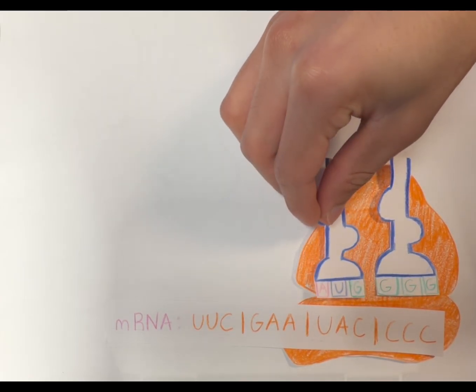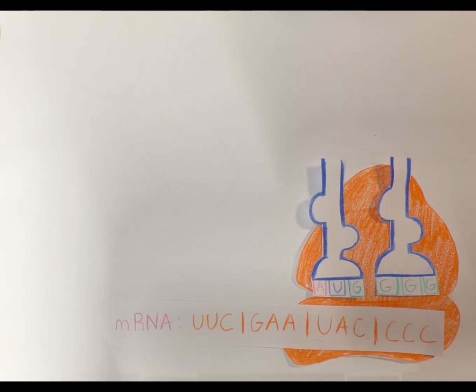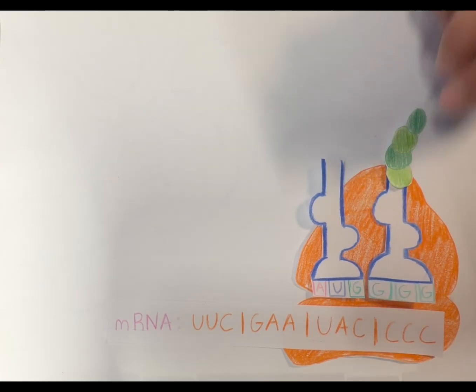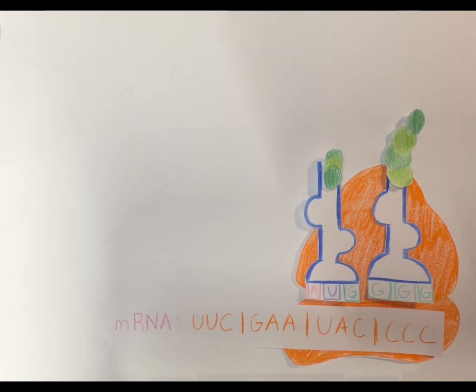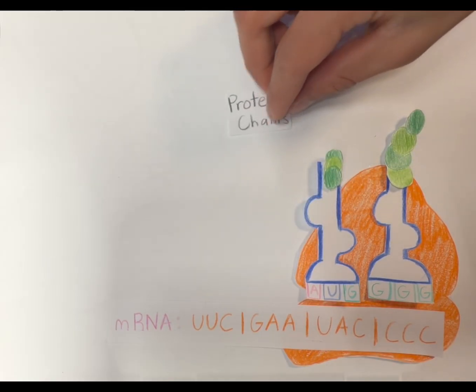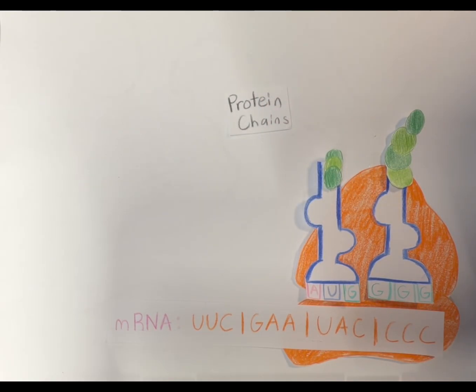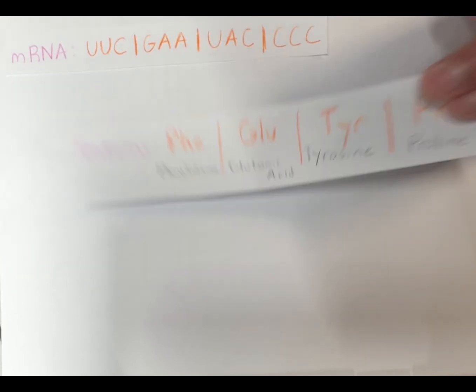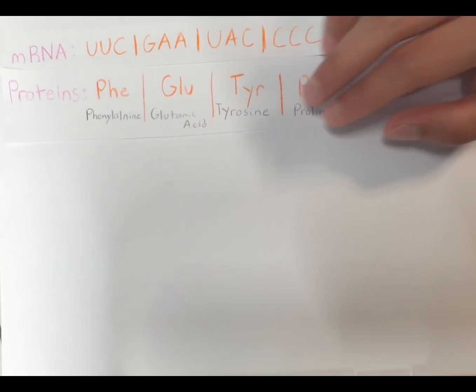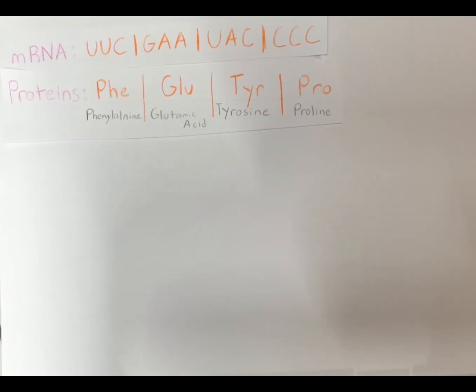The reason these tRNA strands are important is because they carry amino acids matching the codon, and these amino acids can then bond with each other with peptide bonds to form proteins. If we take our example mRNA strand, we can predict the type of amino acids that it will create. In this case, it creates phenylalanine, glutamic acid, tyrosine, and proline.